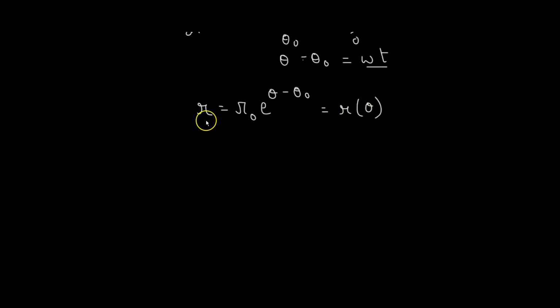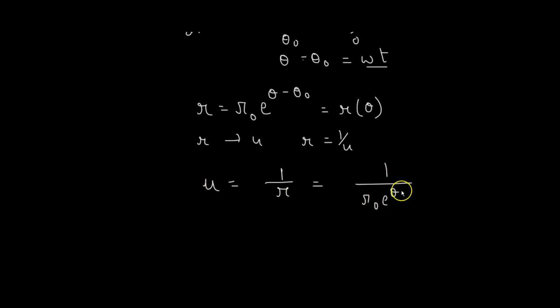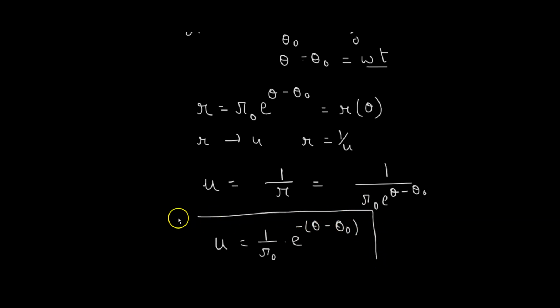Now we need to change the variable from r to u, using r equals 1 over u, so u equals 1 over r, which is 1 over r naught times e raised to the power of theta minus theta naught. Or simply, u is equal to 1 over r naught times e raised to the power of negative theta minus theta naught. So this is our u.